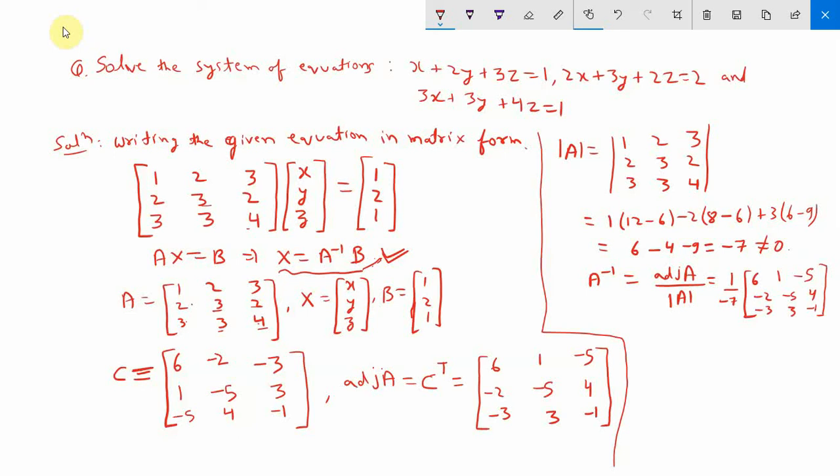Okay, so we will divide each element by minus 7.